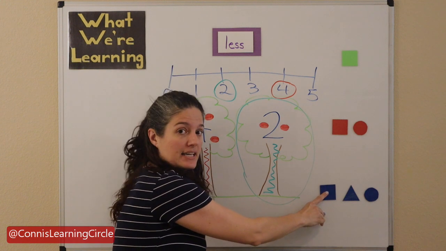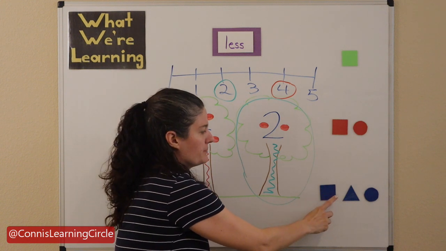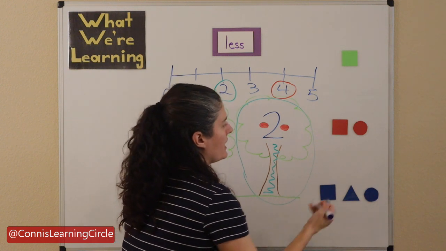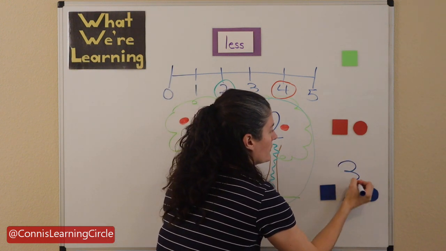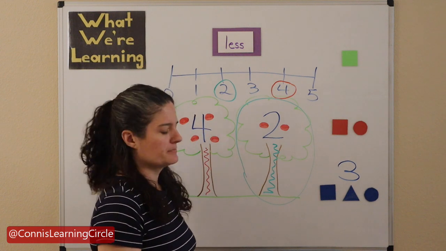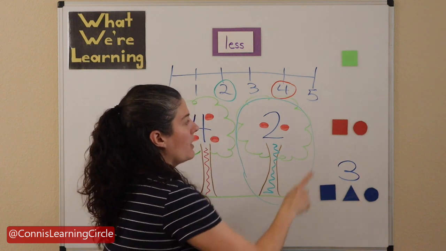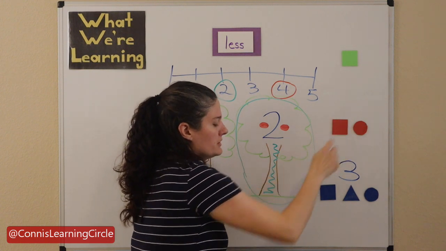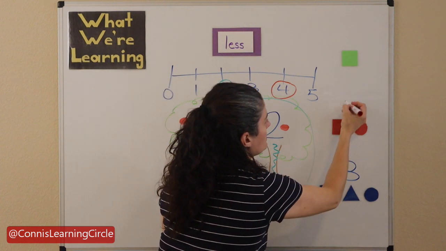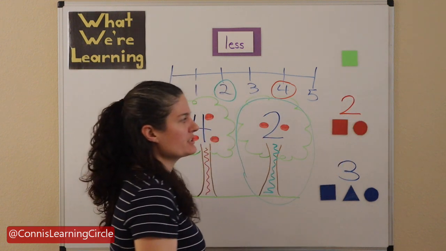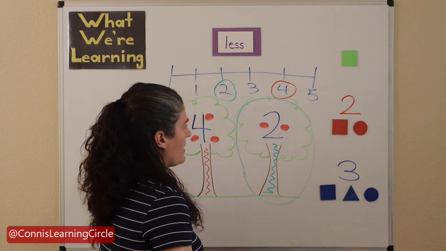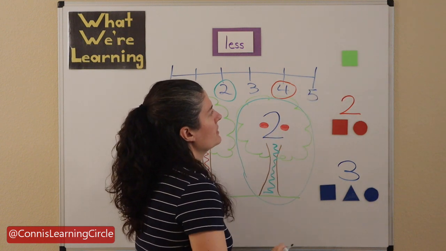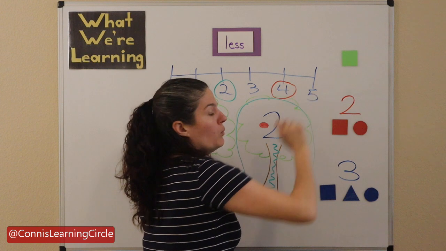And let's count them and see how many blue shapes we have. 1, 2, 3. Okay, we have 3 blue shapes. And then we have our group of red shapes. 1, 2. 2 red shapes. And then we have our group of green shapes up here all by itself. We have 1.